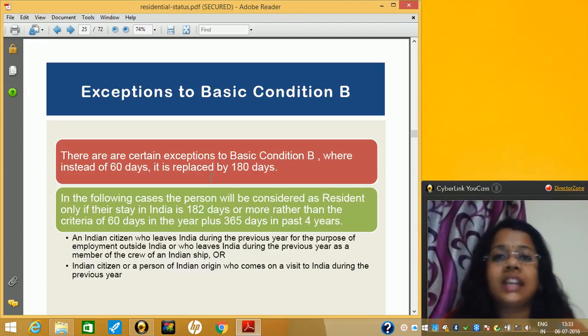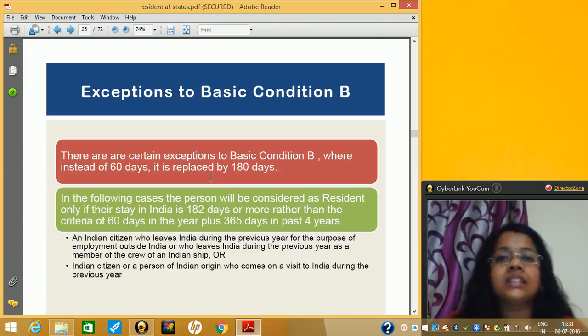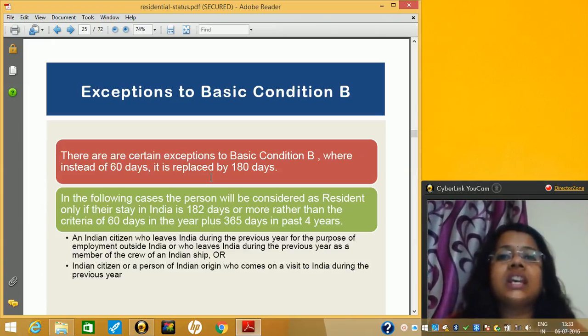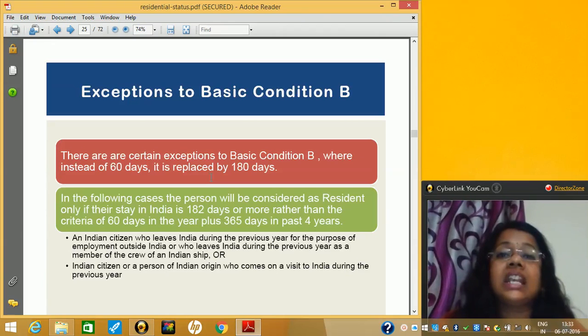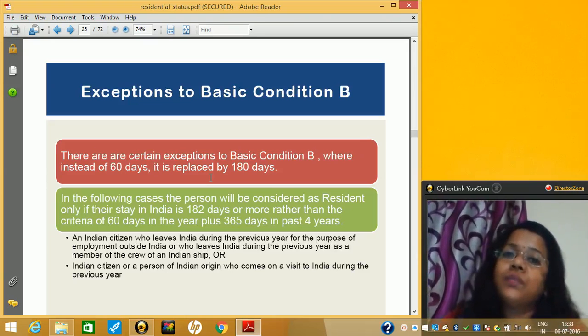Second, there were two subsections. First, he has stayed in India for at least 60 days plus his total stay in the 4 years immediately preceding the relevant previous year is 365 days or more.